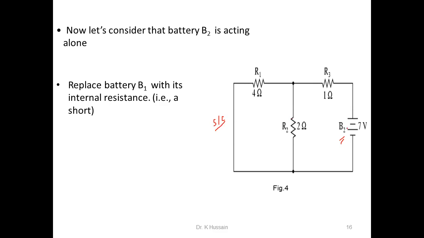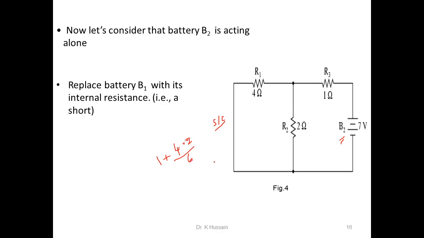Okay. Now again the same principle applies here. Find the equivalent of this resistance, then voltage by resistance, again find out the current. Now you see here, you can take this plus these two, which are in parallel. What will you get here? 1 plus 4 into 2 by 4 plus 2, right?